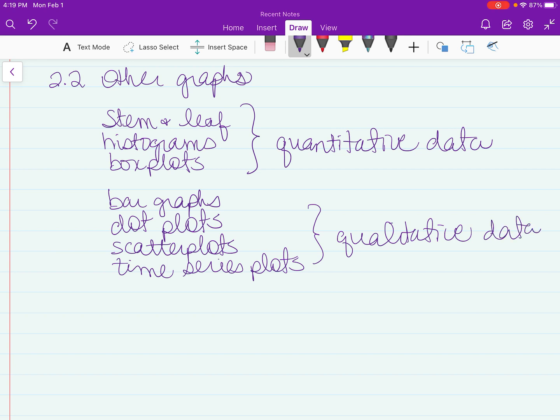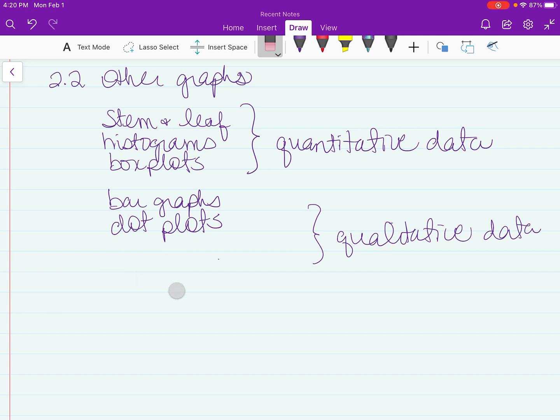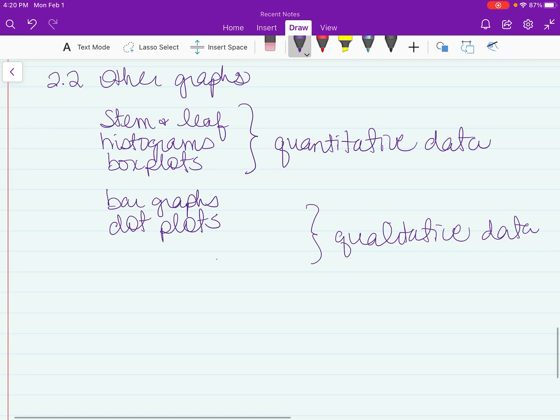Dot plots are sometimes used for quantitative data as well. Actually, let me go through here, because scatter plots and time series plots are more for bivariate data. So bar graphs, dot plots, and then let me add pie charts. Those are your qualitative data graphs that you'll see most often.